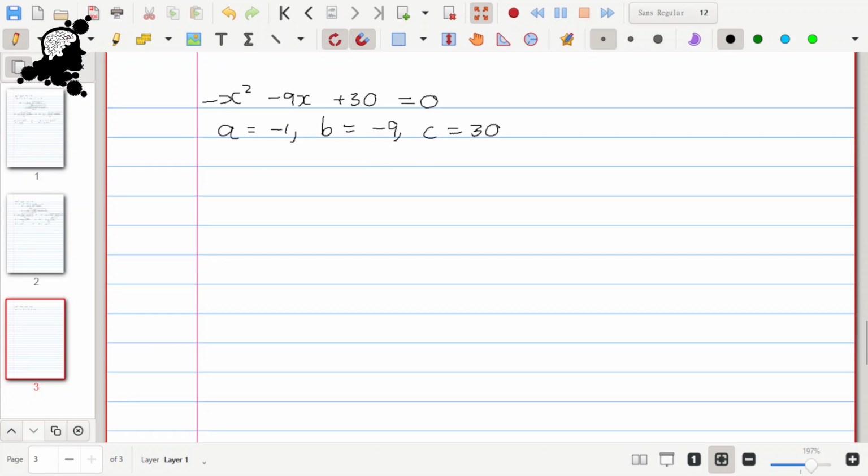Now we write down our quadratic formula. So x is equal to negative b plus or minus the square root of b squared minus 4ac, all over 2a.